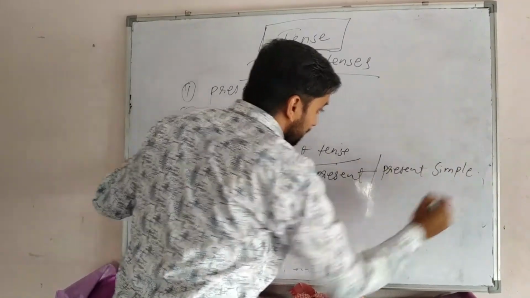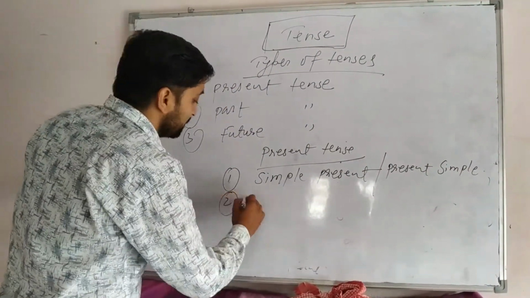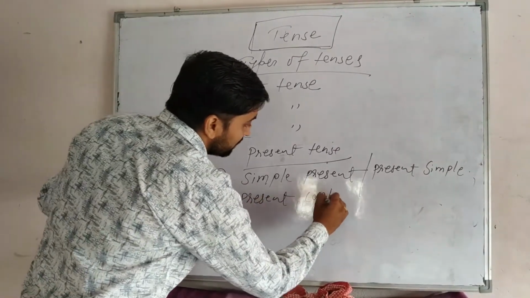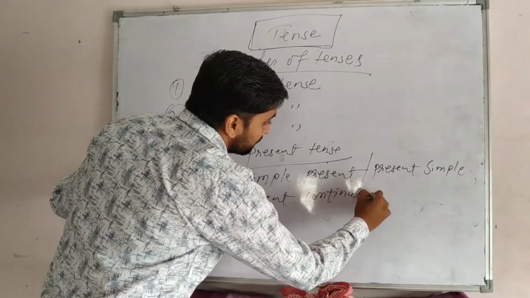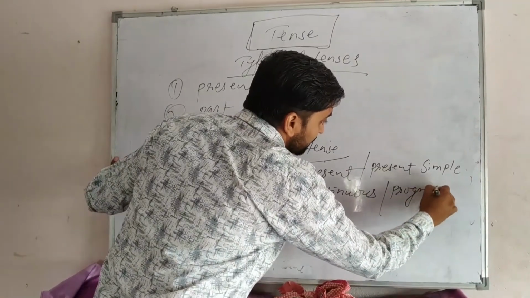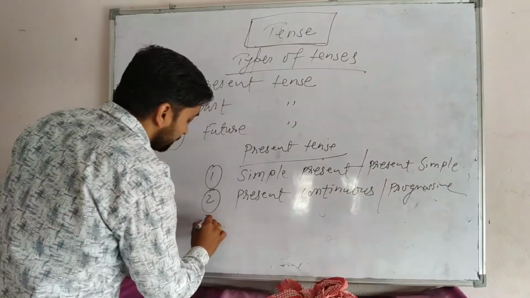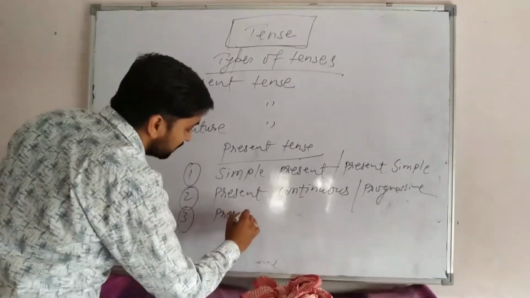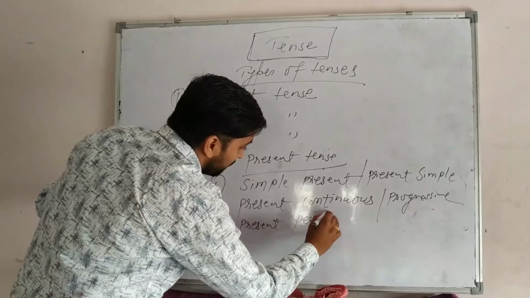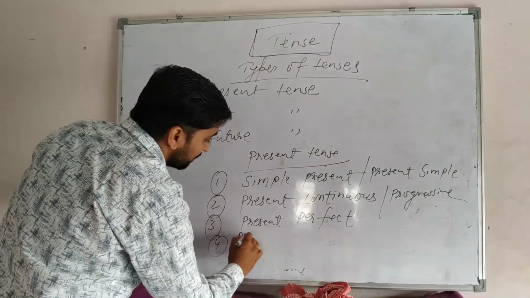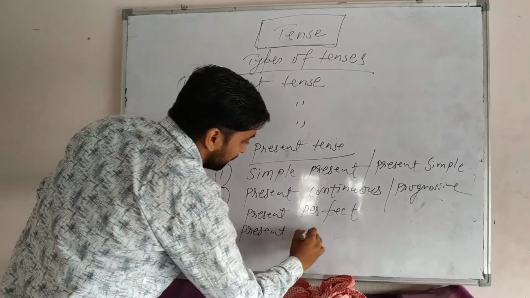The other is present continuous, also called present progressive. The third one is present perfect, and the fourth one is present perfect continuous.